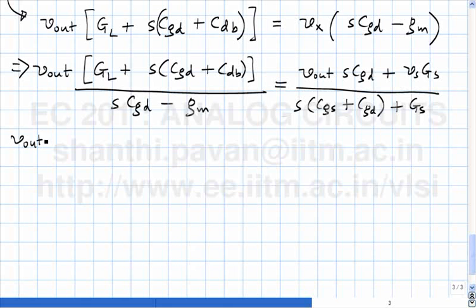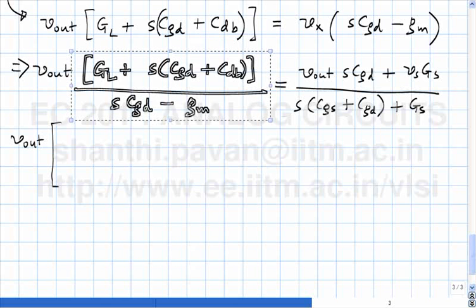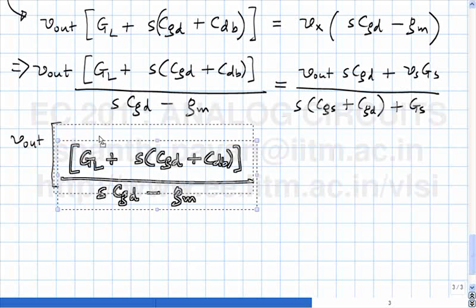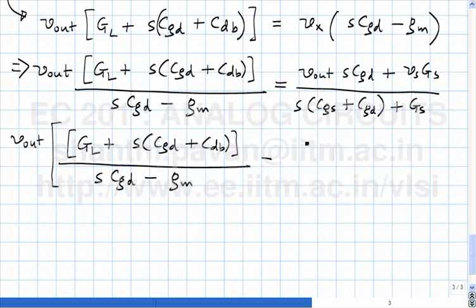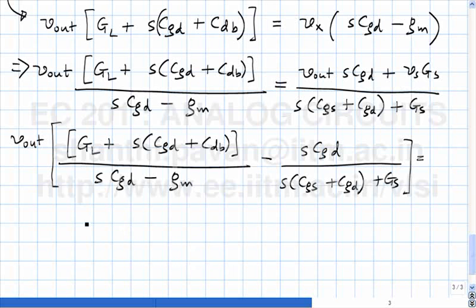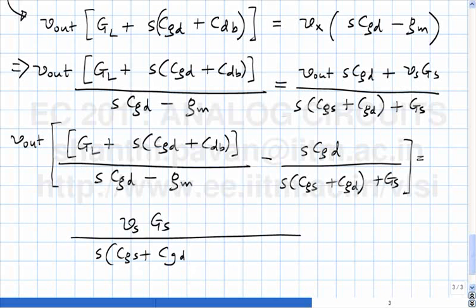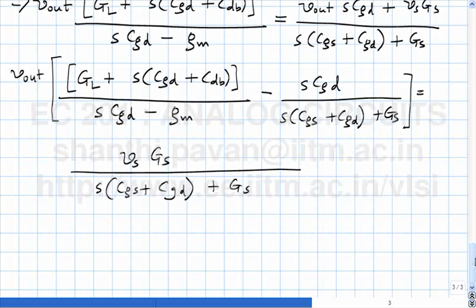So V out times this expression minus SCGD divided by S times CGS plus CGD plus GS must be equal to Vs times GS divided by S times CGS plus CGD plus GS. We got to simplify this portion.